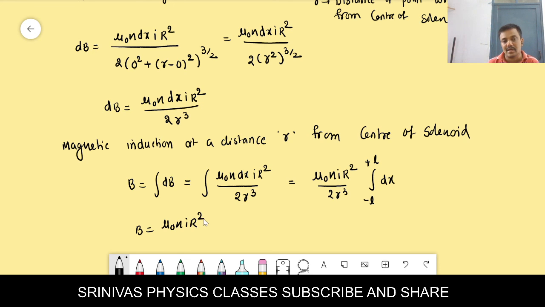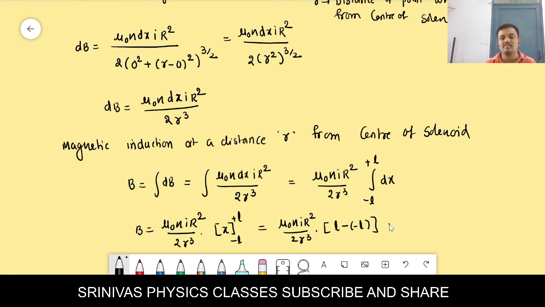Mu naught n I r square by 2r cube, integration dx we can write as x, and the limits are minus L to plus L. First we have to write the upper limit: mu naught n I r square by 2r cube into, in place of x upper limit plus L, minus, next in place of x lower limit minus L, and then we have to simplify it.